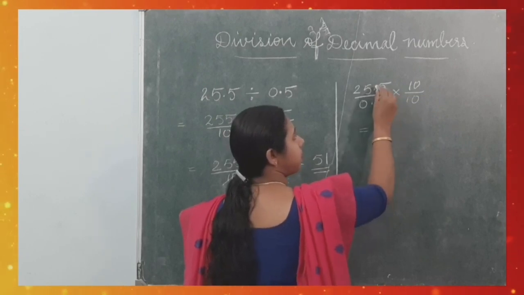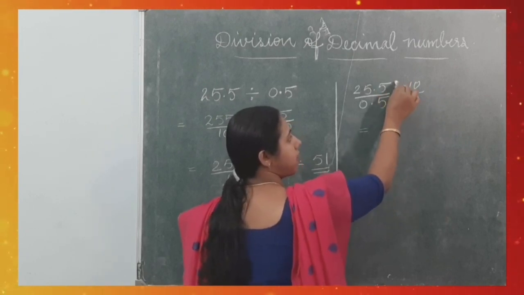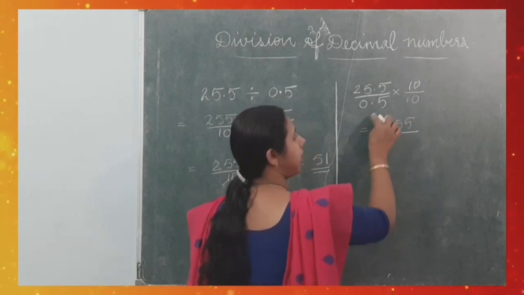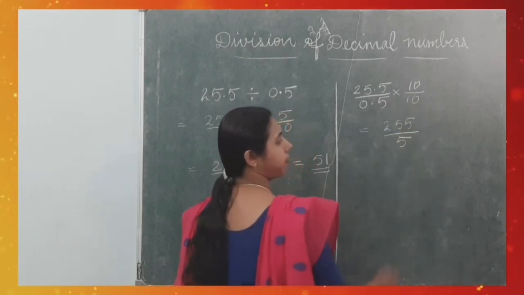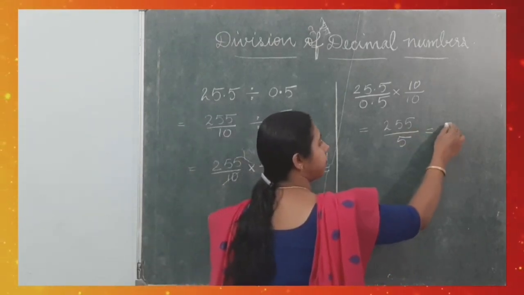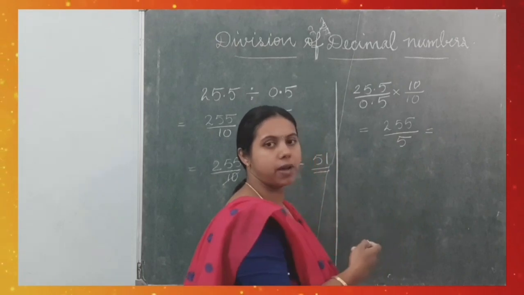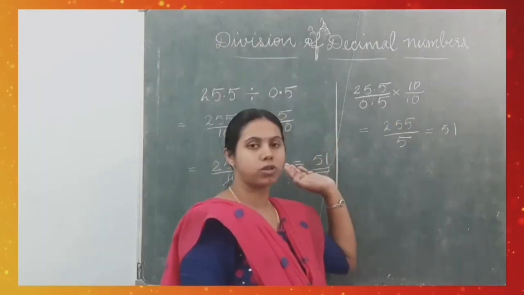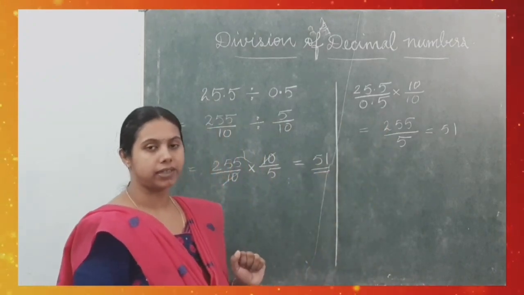The decimal point will move one place to the right. So 255 divided by 5. Both are whole numbers, so very easily you can divide. So the answer is 51.